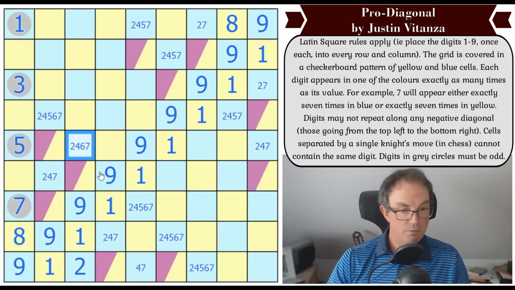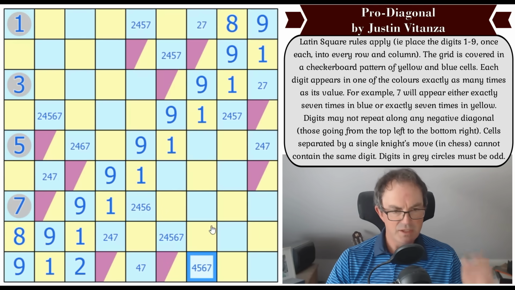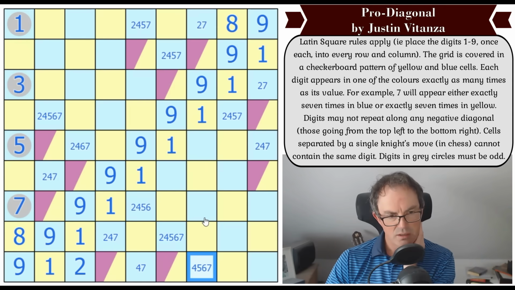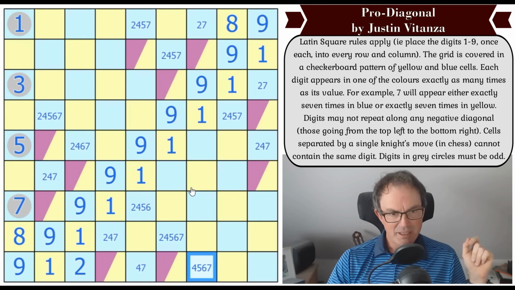Now, can we do anything with that? 5 is not there. 7 is not there. Goodness, it's not that easy to do this, is it? Suddenly I've got really stuck. I think I'm probably making a bit of a horlicks of this.